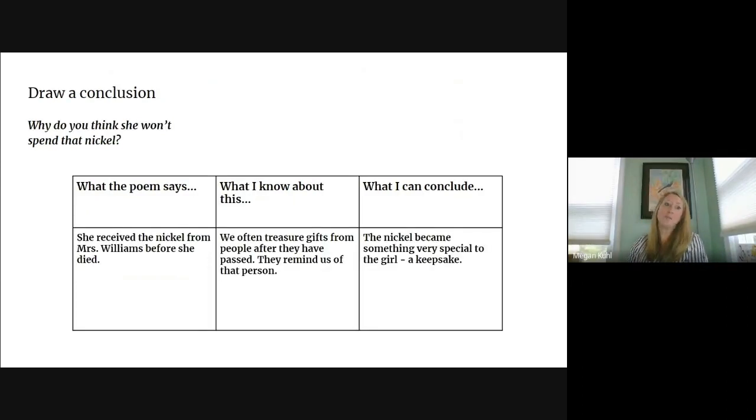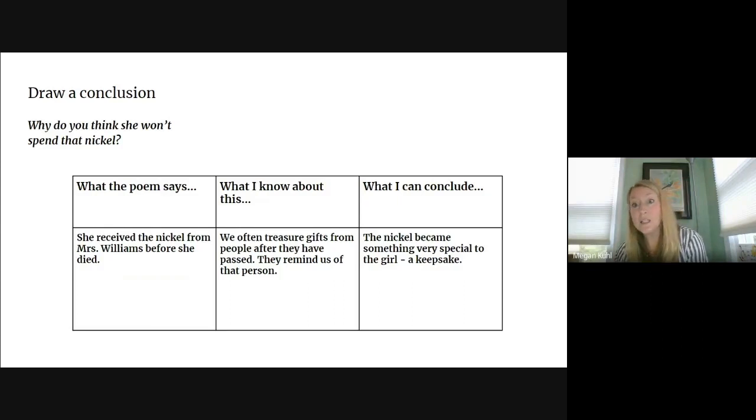So here's what I was thinking about the poem Keepsake. The poem says that she received the nickel from Mrs. Williams before she died. What I know about this is that we often treasure gifts from people after they've passed. They remind us of that person.